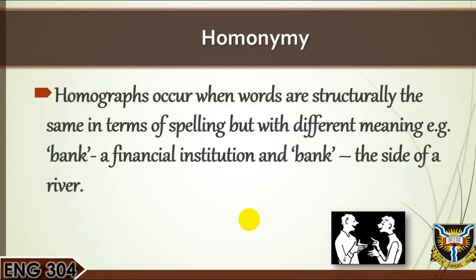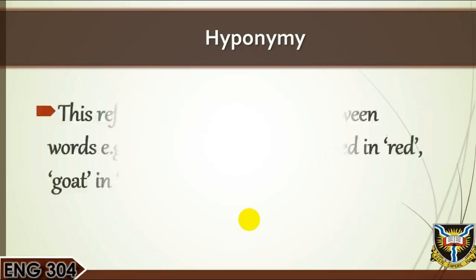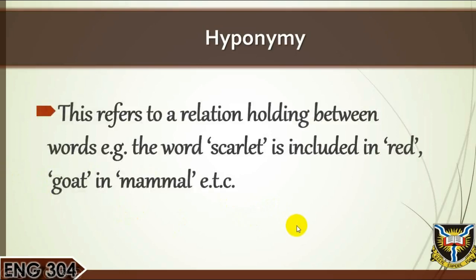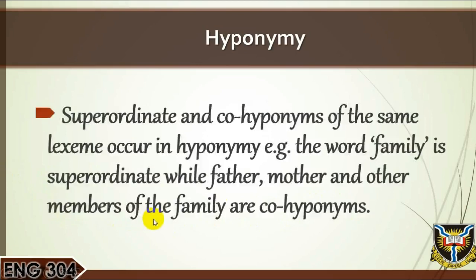Hyponymy. Hyponymy refers to a relation of inclusion holding between words. For example, scarlet is included in red, goat in mammal, and hibiscus in flower. In hyponymy, we have a superordinate term and co-hyponyms of the same class.